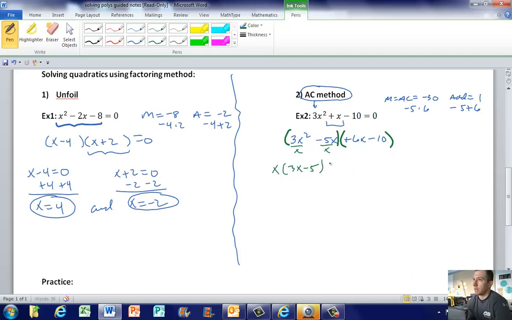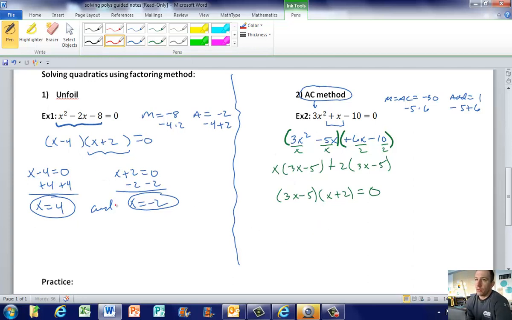Here my GCF is 2 times, when I divide by 2, I get 3x minus 5. Now, do my insides times the outsides. And once I'm in factored form, remember, this is equal to 0.